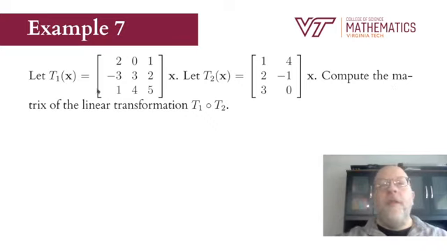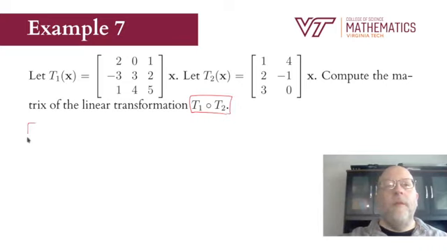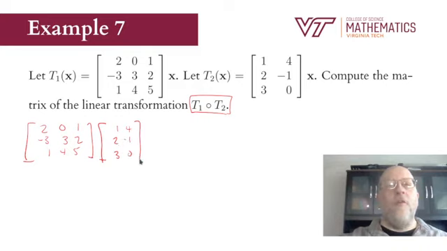So if this is the matrix A and this is the matrix B, and we want to compose, what happens to T1 composed with T2? Well, the first matrix is 2, 0, 1, negative 3, 3, 2, 1, 4, 5. The second matrix is 1, 4, 2, negative 1, 3, 0.